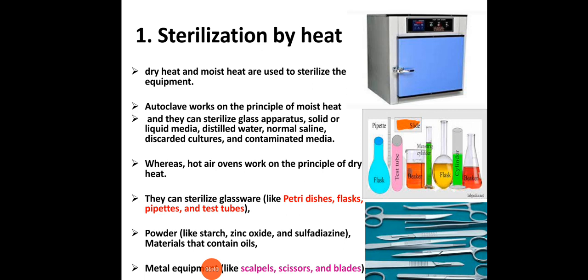Autoclaves work on the principle of moist heat, with pressure represented in lbs, and they can sterilize glass apparatus, solid or liquid media, distilled water, normal saline, discarded cultures, and contaminated media. Whereas the hot air oven works on the principle of the dry heat method.